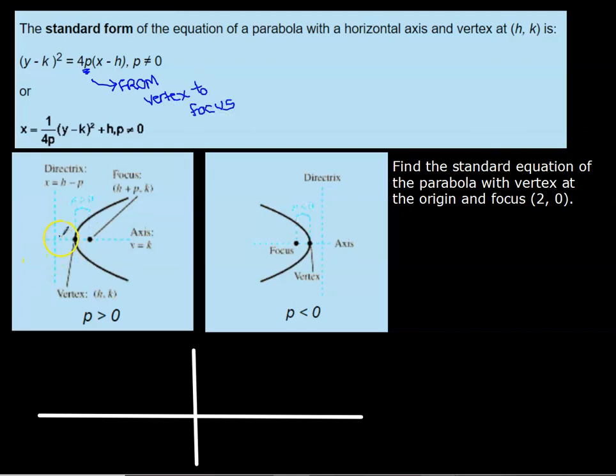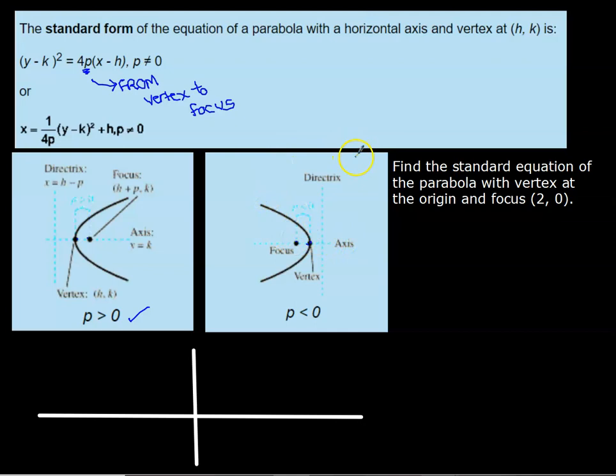So notice if the vertex is here, which they put a little arrow, I don't know why, and I'm trying to get to the focus, which is here, I'm headed to the right, which is towards the positive, which means P would be positive, greater than 0. And if the vertex is here and the focus is to the left of it, then P would be negative because I'm headed towards the negative x-axis.